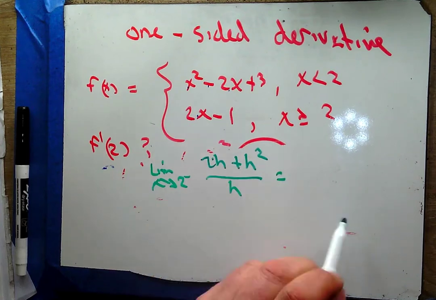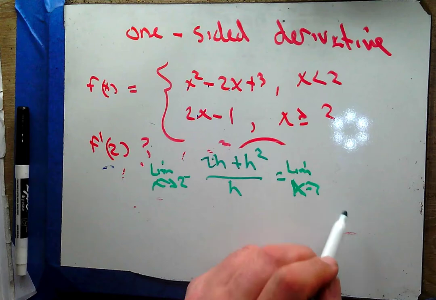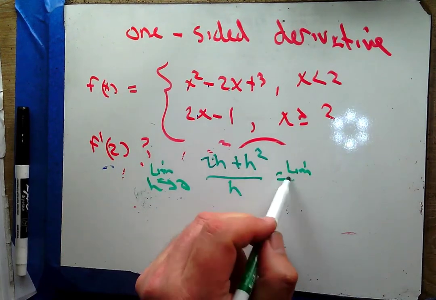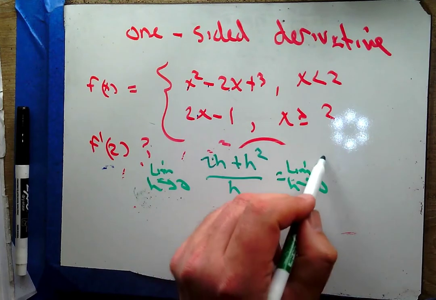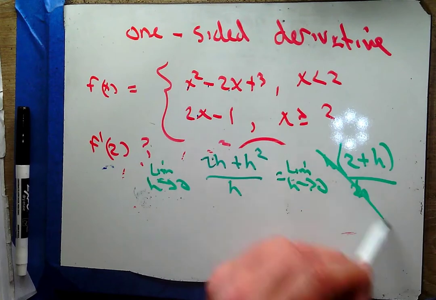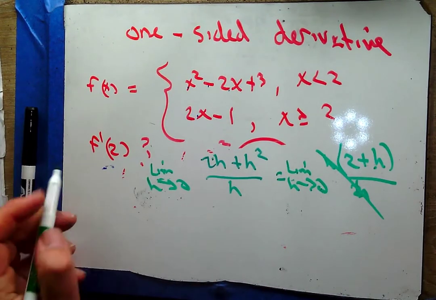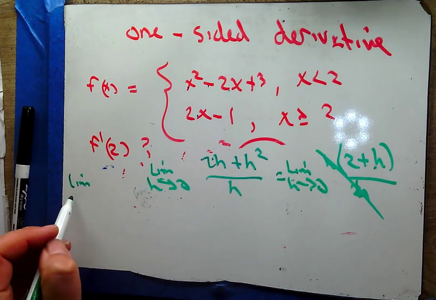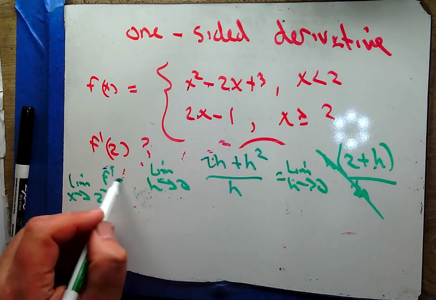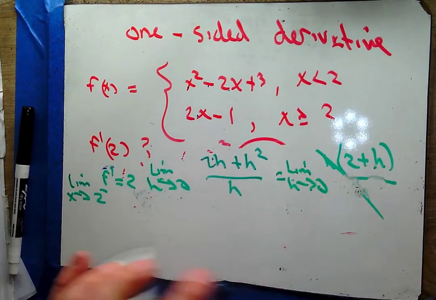And I can even factor an h out at the top and say the limit as h approaches 0, silly me, of h times (2 plus h) over h. These cancel. I can plug in my 0, and I get the limit as x approaches 2 from the negative side of f prime to be 2. The slope is 2.